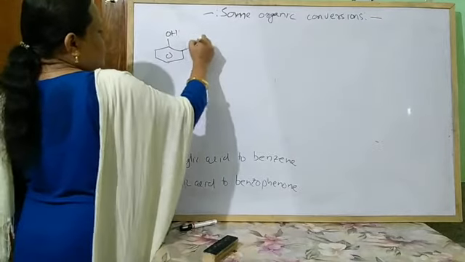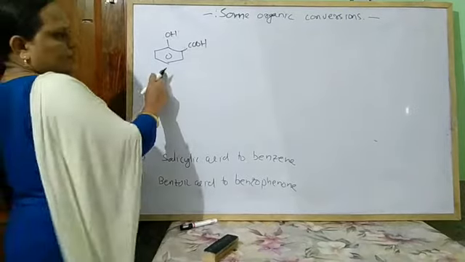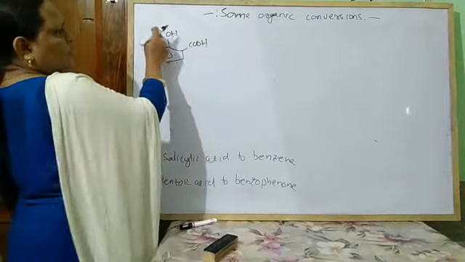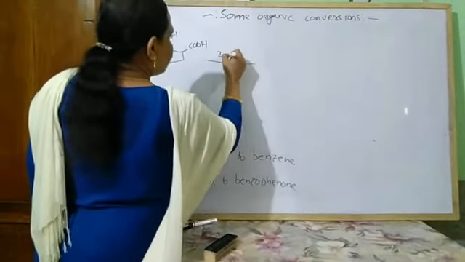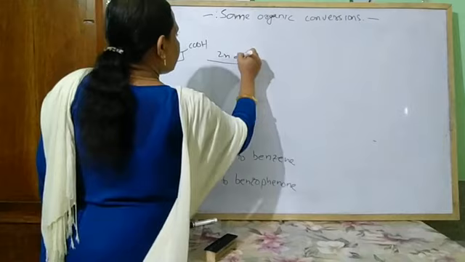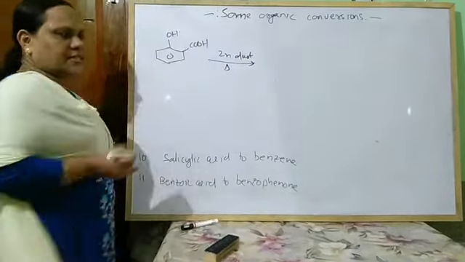Salicylic acid is ortho-hydroxybenzoic acid. This is known as salicylic acid. You can write the COOH group here and the OH group here. So when it is heated with zinc dust, what happens? This OH group is first removed.